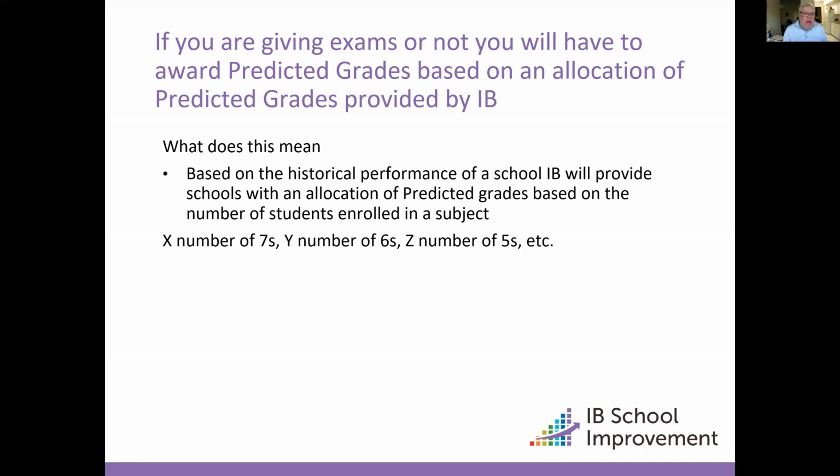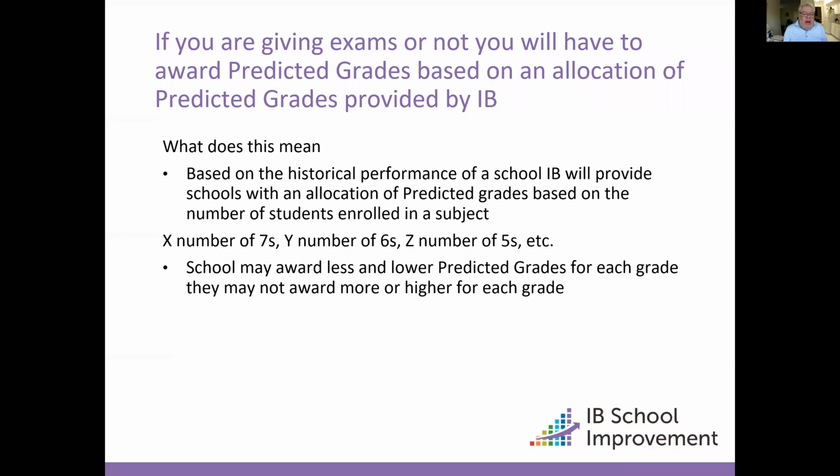So basically, IB is providing the number of 7s that you may award, the number of 6s you may award, and the number of 5s you may award. That allocation is school-based. It is based on the subject and the level.